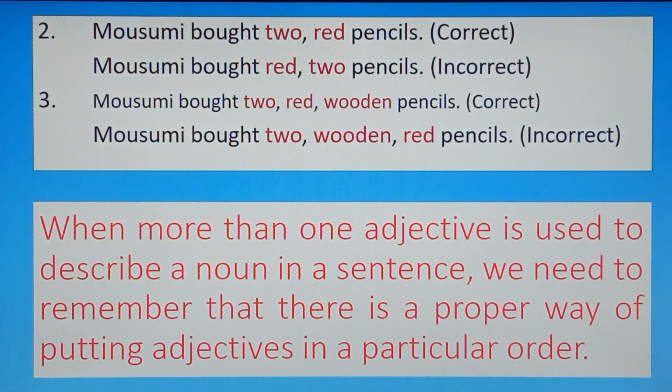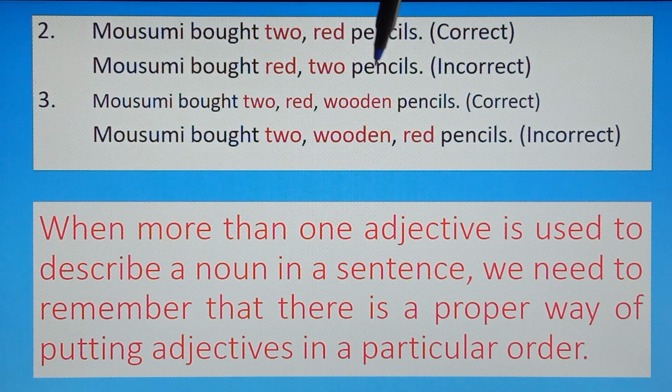Now see the number 2 example. Mosumi bought 2 red pencils. That is a correct sentence. If I write Mosumi bought red 2 pencils, this is an incorrect sentence. Next, Mosumi bought 2 red wooden pencils.